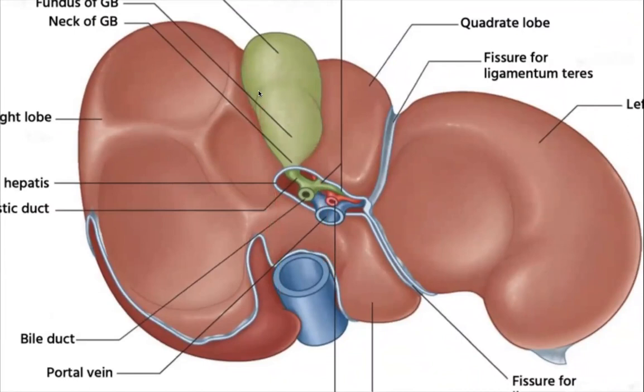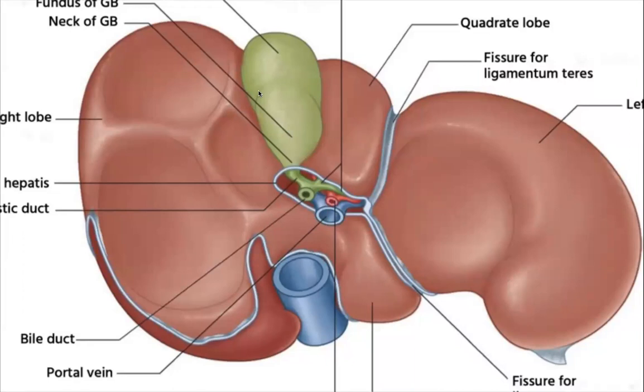Can anyone tell me what is the blood supply of the liver? Mainly it is by the portal vein. Correct. And also it has some branches from the celiac trunk. Remember what is the branch I said? Hepatic artery. Correct.